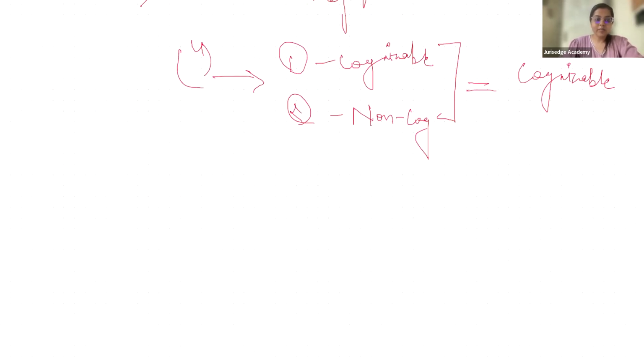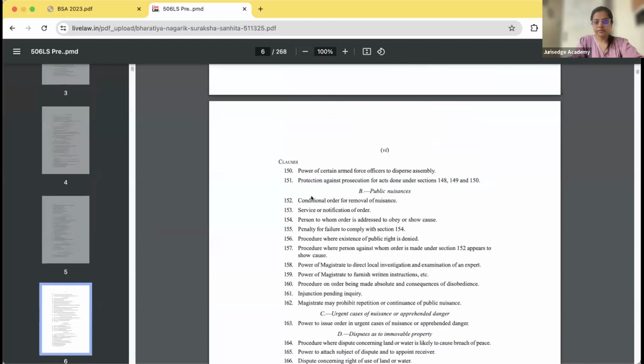Now let's quickly come to 173, which is FIR. This is the only section whose number you have to remember from the whole Chapter 12, or maybe one or two more. No more provisions you have to remember apart from these. 173 is very important from the point of view of the new law.